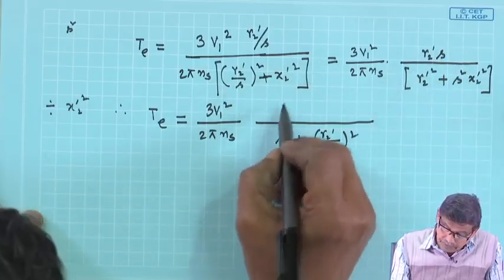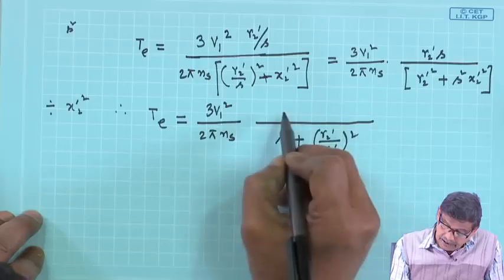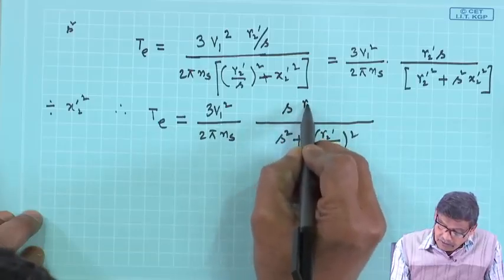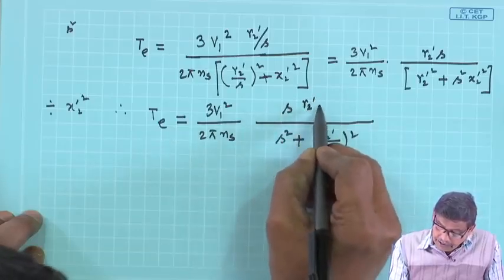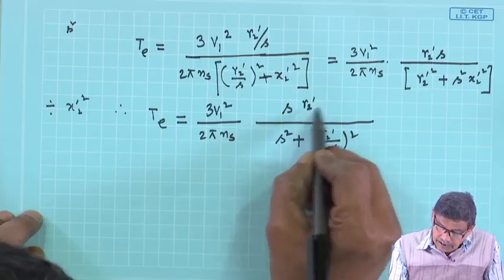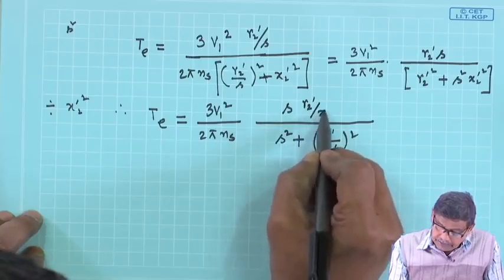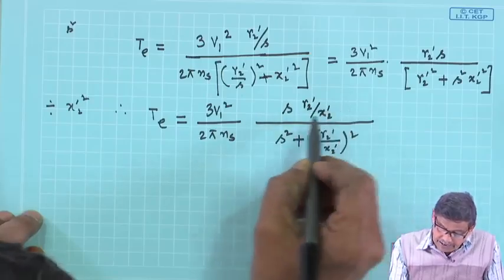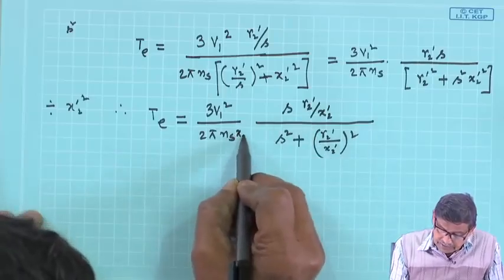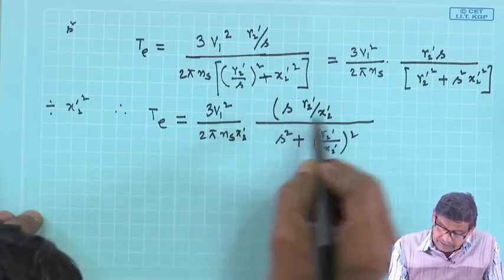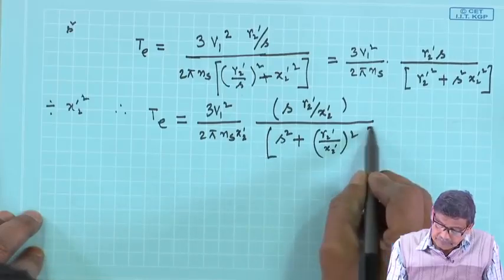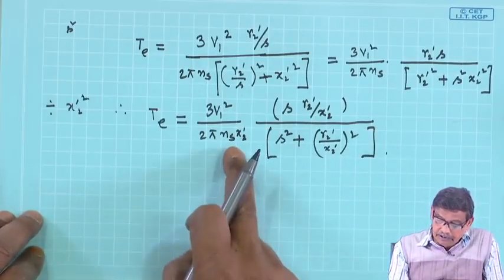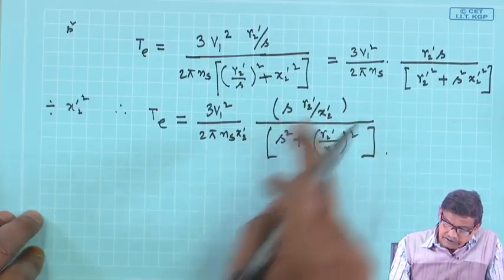On the top it will be S into R2 dashed by X2 dashed, with another X2 dashed written here. Clear? This is the thing. So, X2 dashed squared, one X2 dashed I keep.